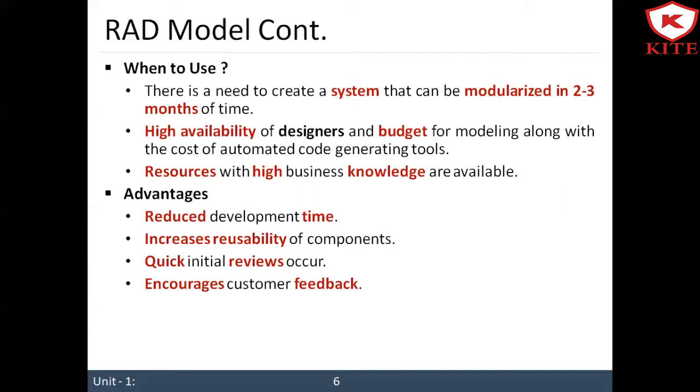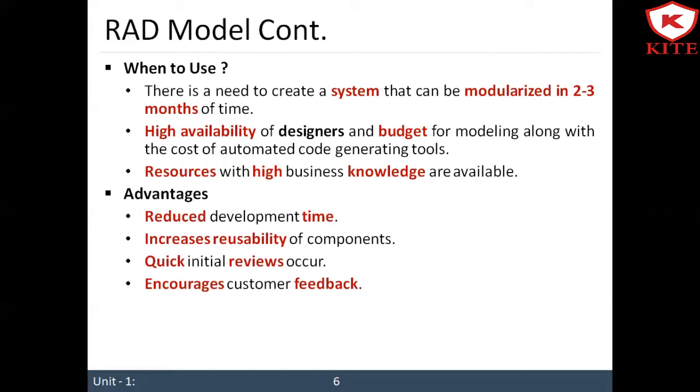The next is high availability of designers and budget for modeling, along with the cost of automated code generation tools. High availability of designers means we need many types of designers. We have to make many types of diagrams and budget for modeling. Designing is the main important part of rapid application development, along with the cost of automated code generation tools.